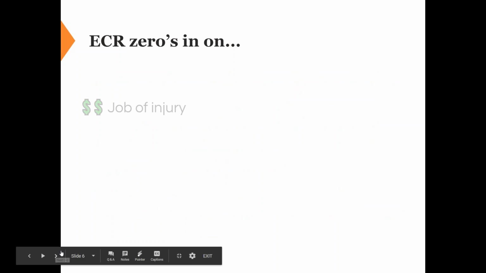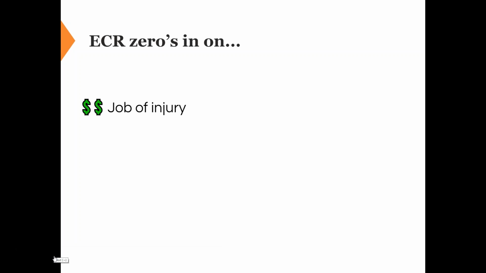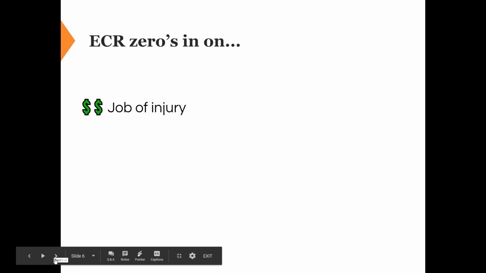So this is an interesting slide. I'll have one here in a little bit that's a little more difficult to read, but it looks at the job of injury. So ECR is going to be a little bit harder on a manufacturing machinist than it would be on a retail clerk. It really looks at the age of your workers.